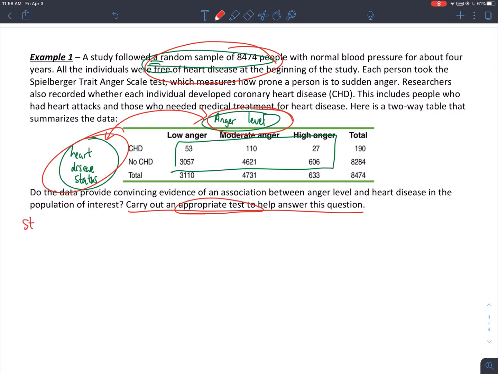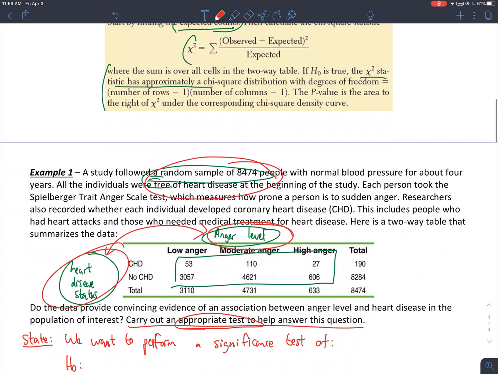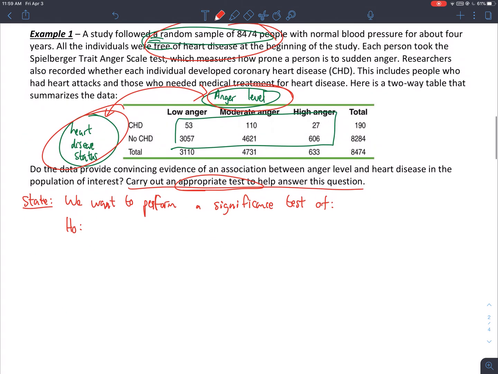So let's say state, we want to perform a significance test of, okay, null hypothesis, two ways. Pick one. No association. They're independent. Let's go with no association. Okay.